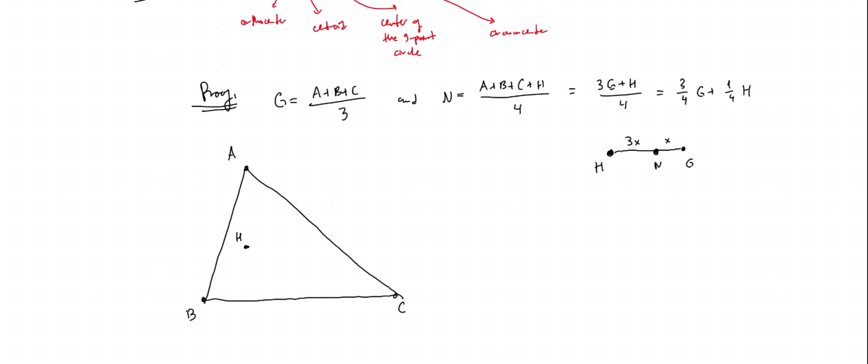So let's draw the 9-point circle. Since I want to focus on the triangle itself, I don't want to draw these segments with clarity. When you focus on the triangle itself, the segments AH, BH, and CH are less important than the side lengths.